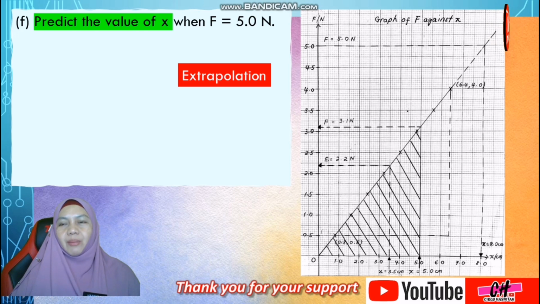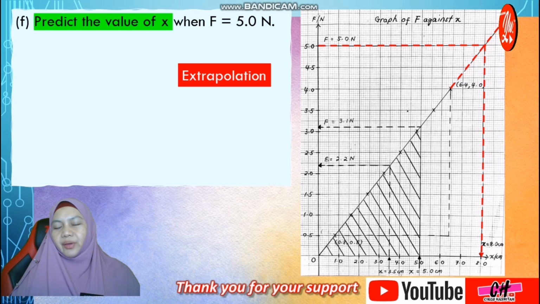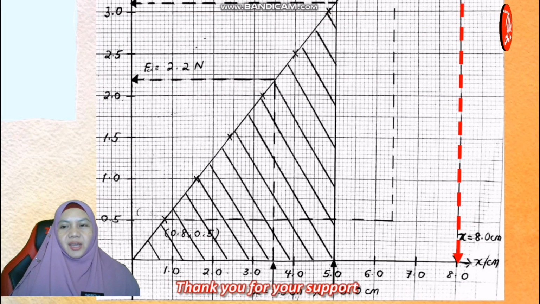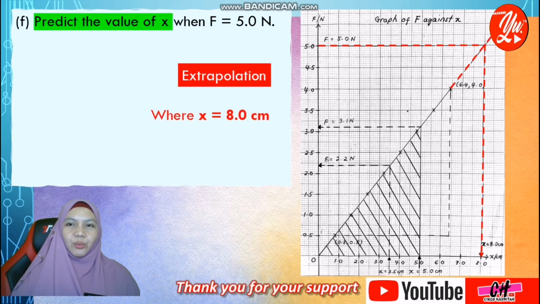So we have to extrapolate the line as shown by this red dashed line, and from there we draw a line from force 5 Newton towards the extended line, and from there we draw a vertical line down to the x-axis. And down there you can see the extension is, I zoom it for you, 8 centimeter. So by doing extrapolation, we predict that when F is 5 Newton, the extension is 8.0 centimeter.